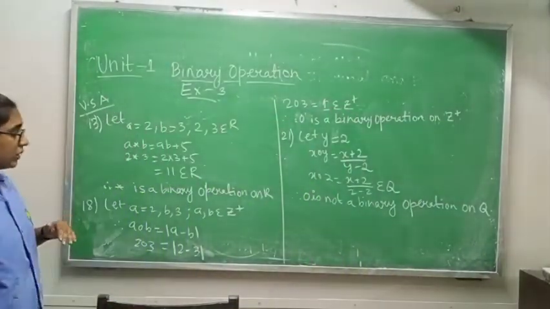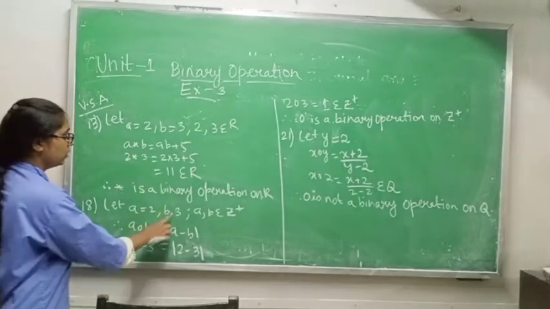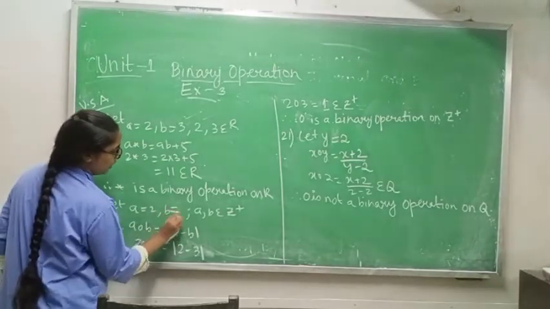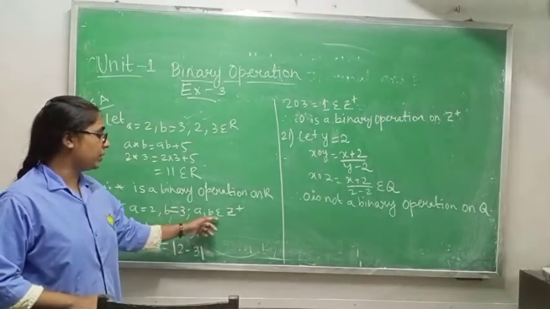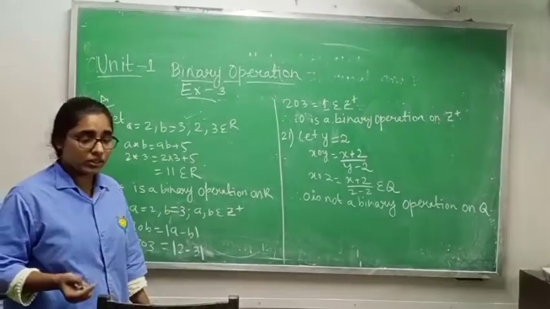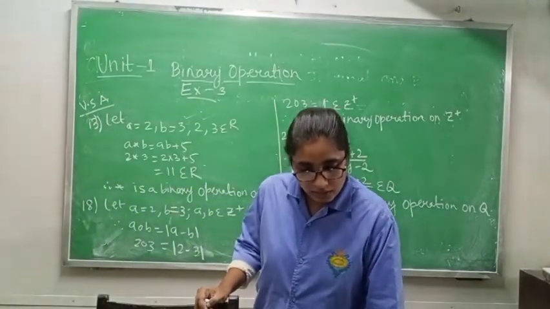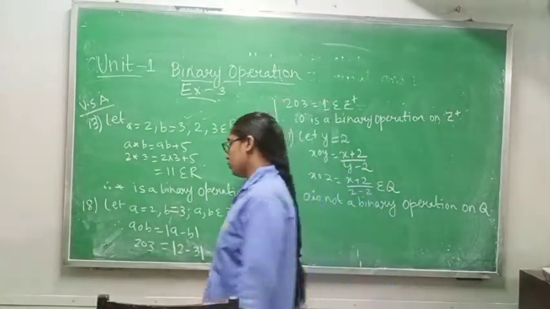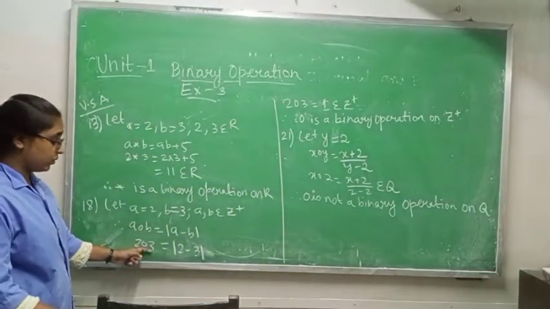Now in this question, let A equals 2, B equals 3. So A equals 2, B equals 3, A comma B belongs to Z plus, because it is written that A, B belongs to Z plus only. Now in place of A you will write 2, in place of B you will write 3.